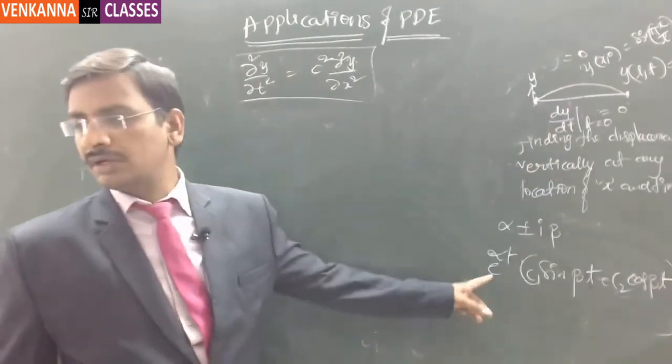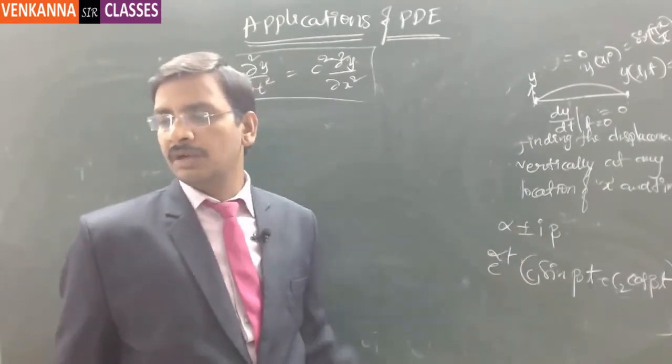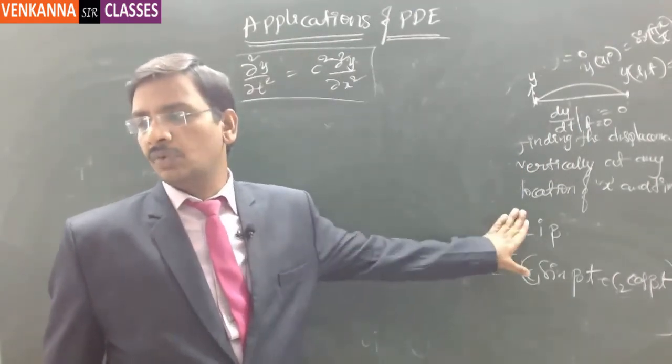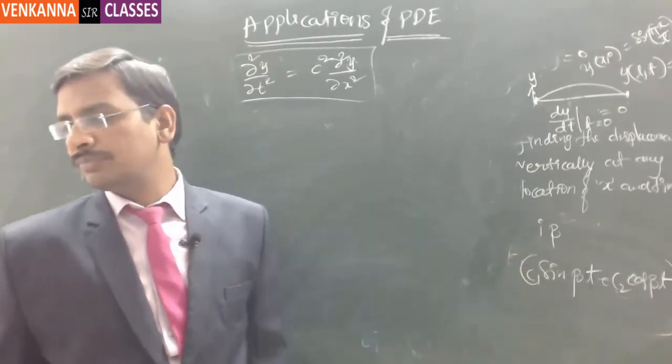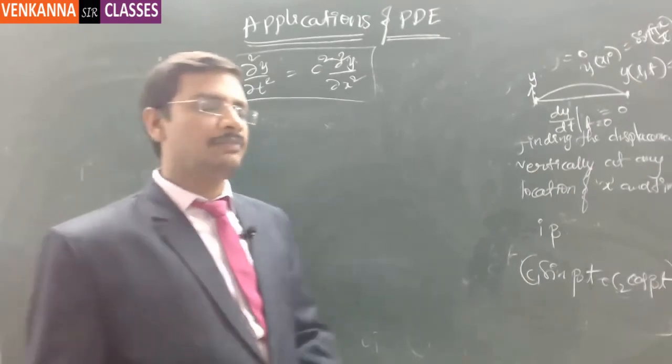This is how you are going to get it in case you get real and imaginary parts. But in this case, we have got only the real part, hence it is going to be 0 to this point. Maybe a damped wave, exactly.